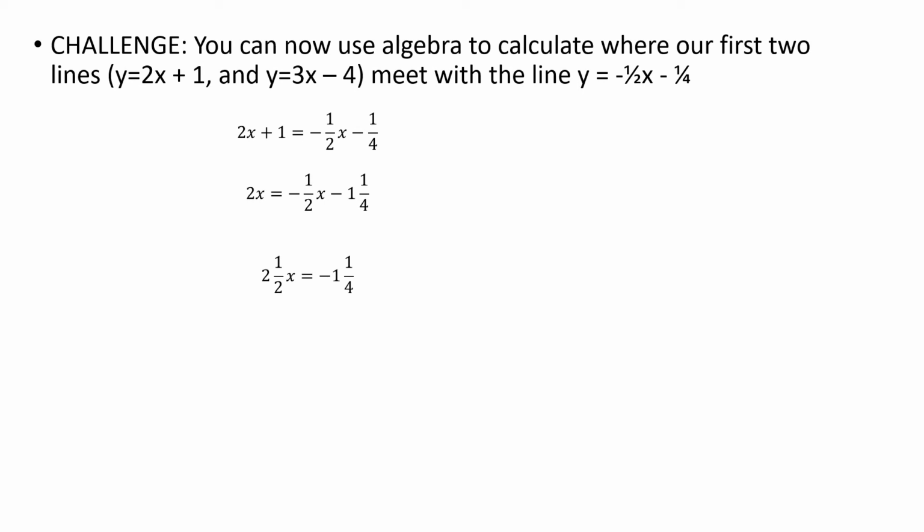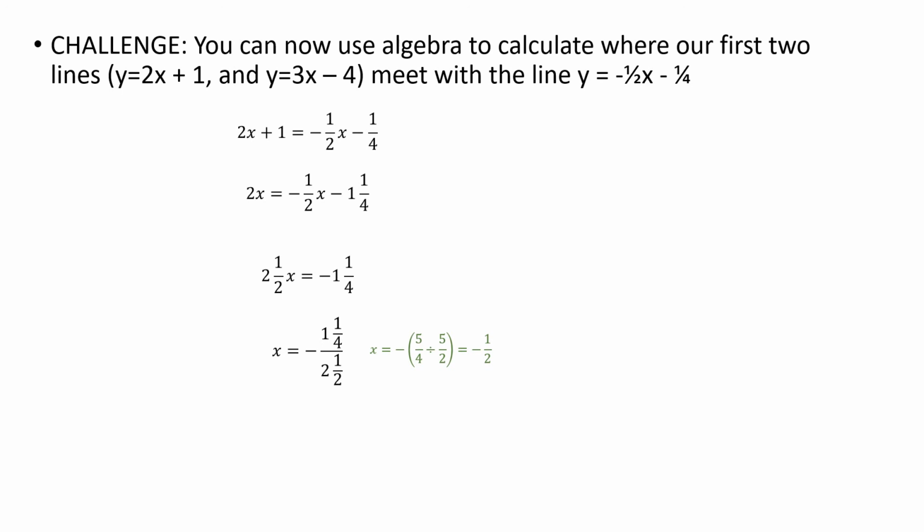Now this is where it gets a little bit complicated where fractions are concerned. We're now going to move 2.5 over to the other side by dividing both sides by 2.5. We now have x equals minus 1.25 divided by 2.5. Now this is quite hard to work out in its current form, but we can rewrite it as x equals minus 5 quarters divided by 5 halves.